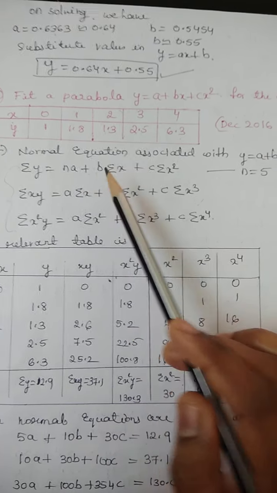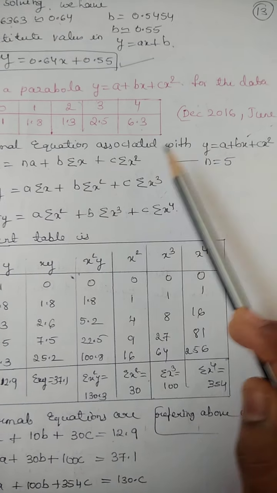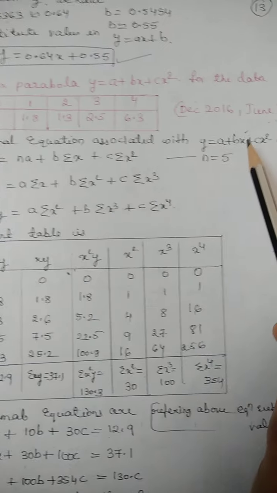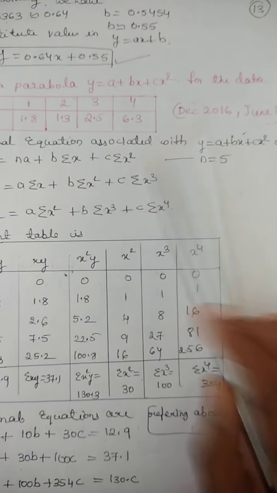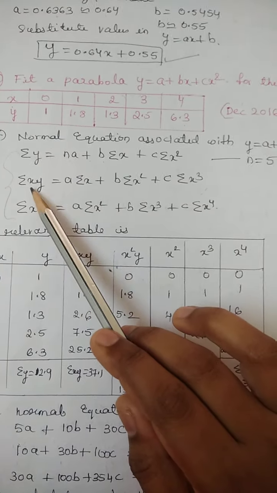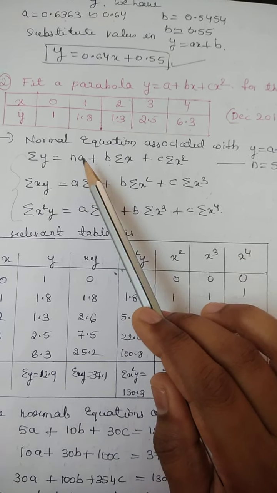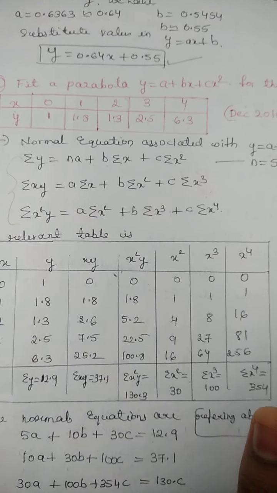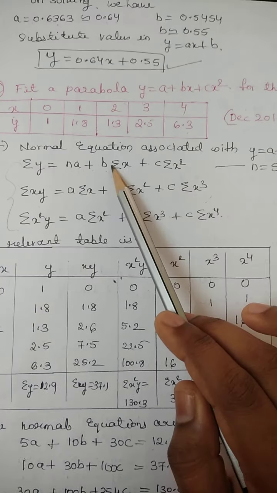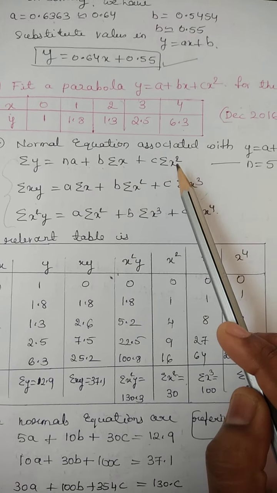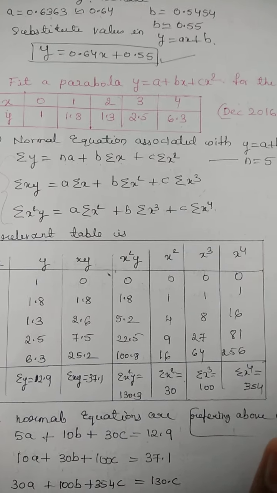Then bx is there, so b is the parameter, then summation x, plus c into summation x². Now multiply this equation by x, so it will be summation of xy equal to a into summation of x plus b into summation of x² plus c into summation of x³.